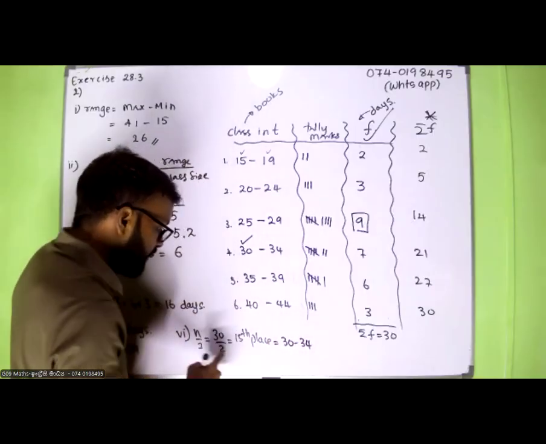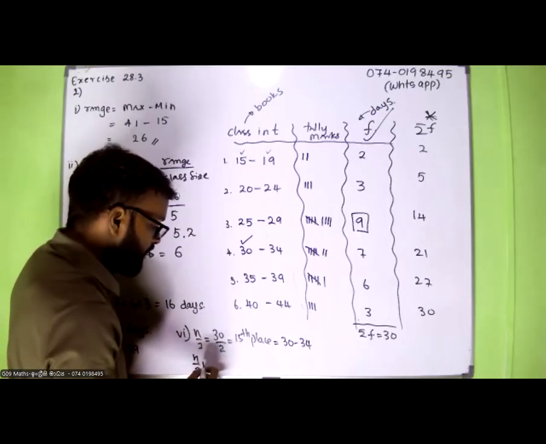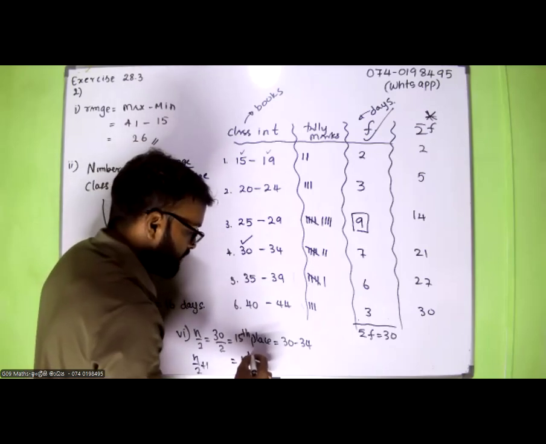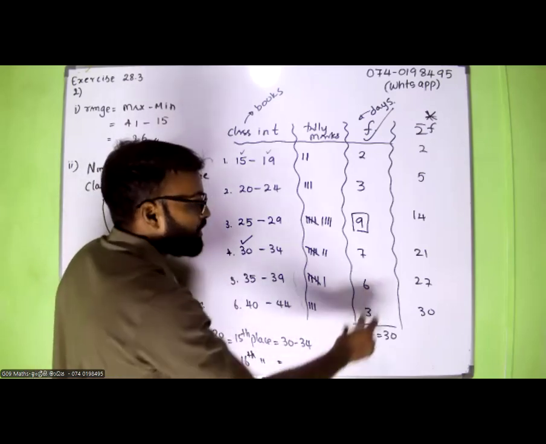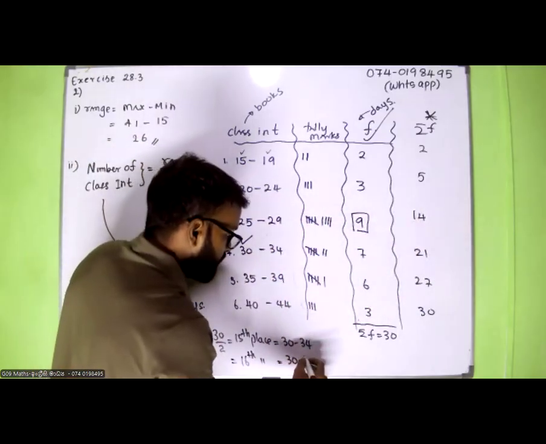And again you have to find n divided by 2 plus 1, that means 15 plus 1, 16th place. The 16th place is also inside this. It is the same class, 30 to 34.